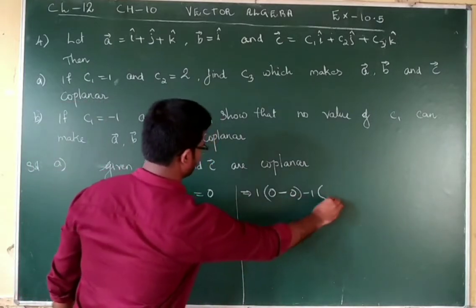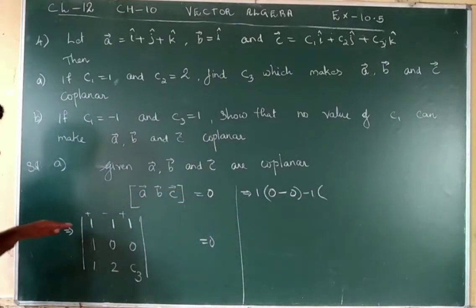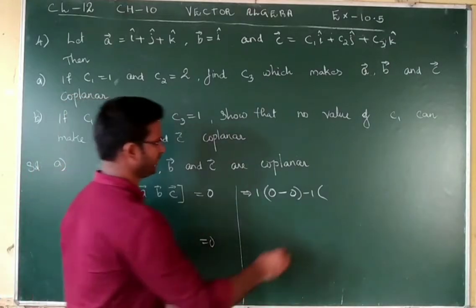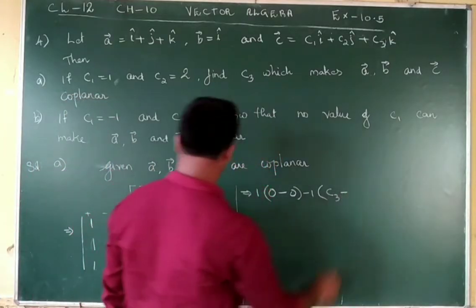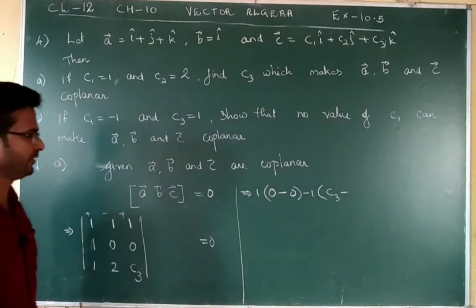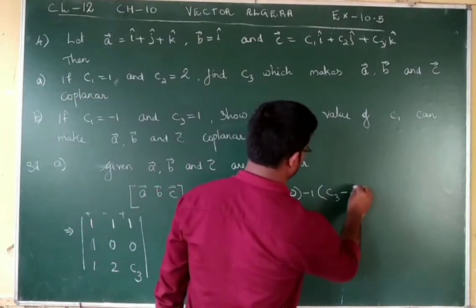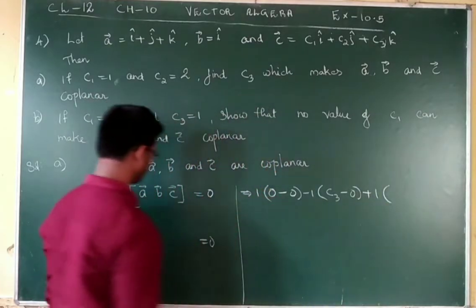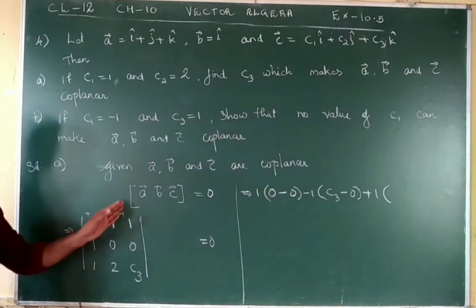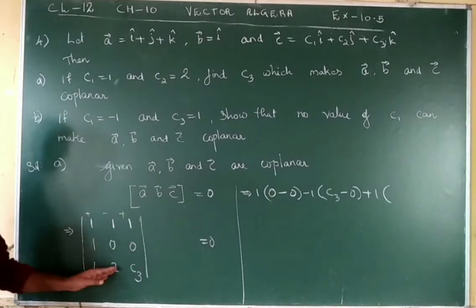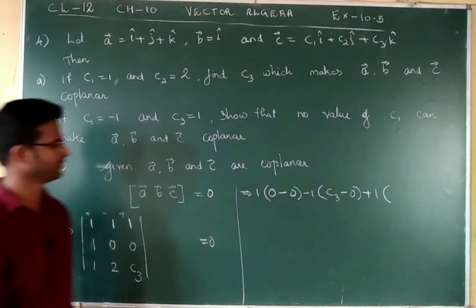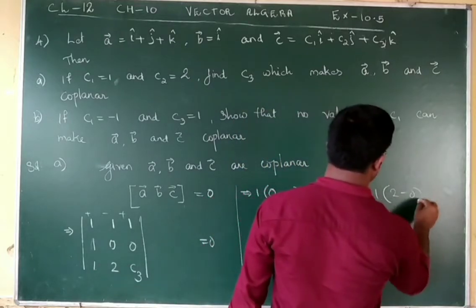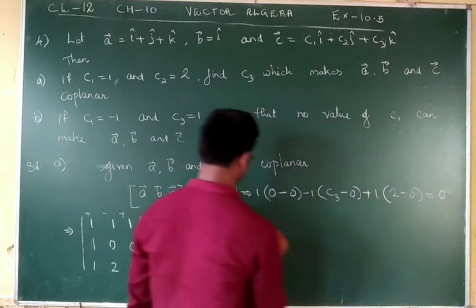Minus 1 into, we can leave first row, first column. 1 into C3 is C3, minus 1 into 0 is 0, plus 1 into, we can leave first row, last column. 1 into 2 is 2 minus 1 into 0 is 0, equal to right side 0.